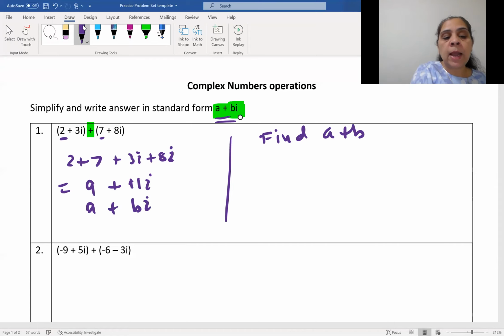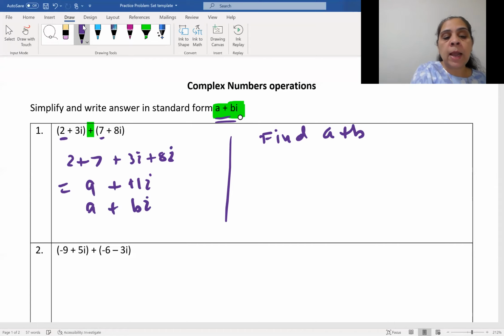We have negative 9 and negative 6, so negative 9 minus 6 is negative 15. 5i minus 3i is plus 2i. It's already in standard form, a plus bi. a is negative 15 and b is 2.